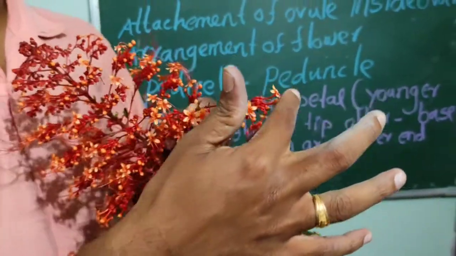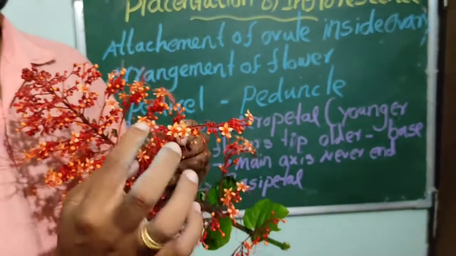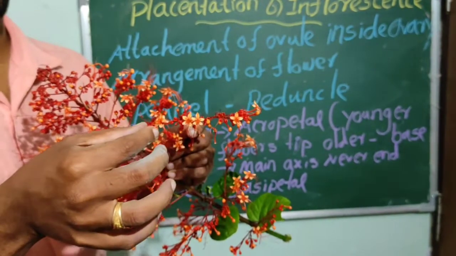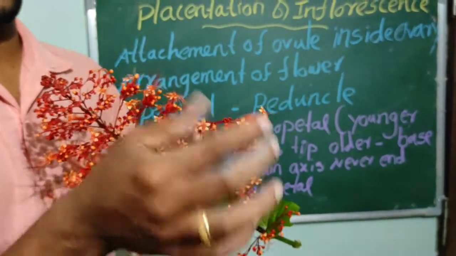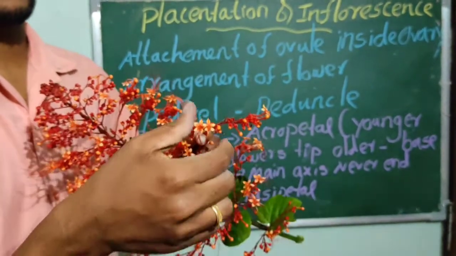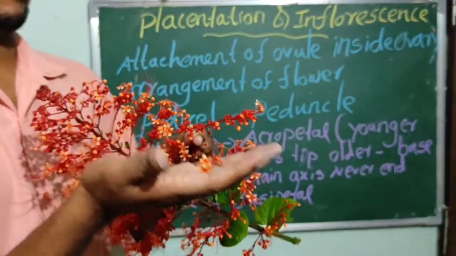At the tip region you can see the older flowers, with androecium, gynoecium, all may be there. At the tip you can see the older flower.